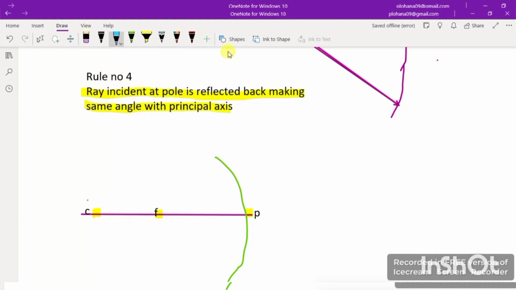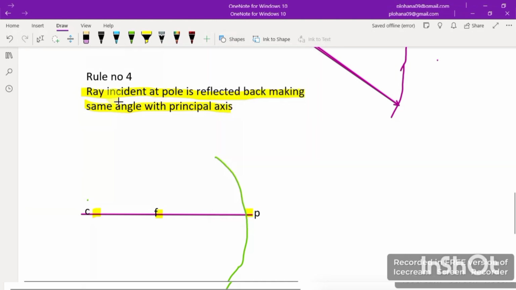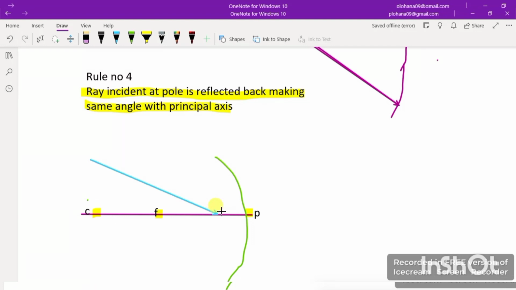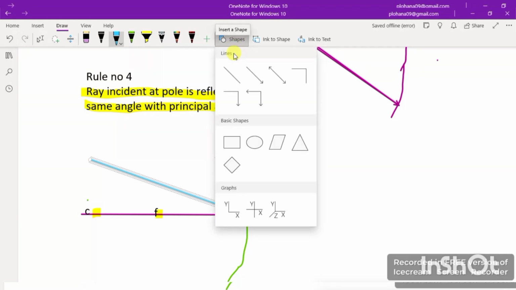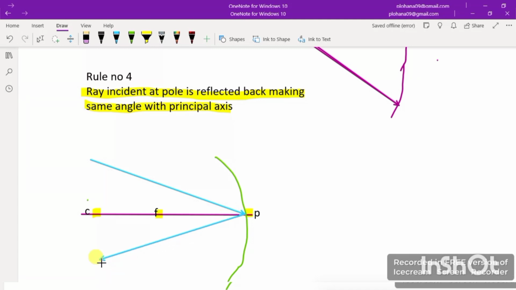So what they are saying is the ray incident at the pole is reflected back, making the same angle with the principal axis. If I make an angle from here, it goes to the principal axis, then it goes back with the same angle, right?